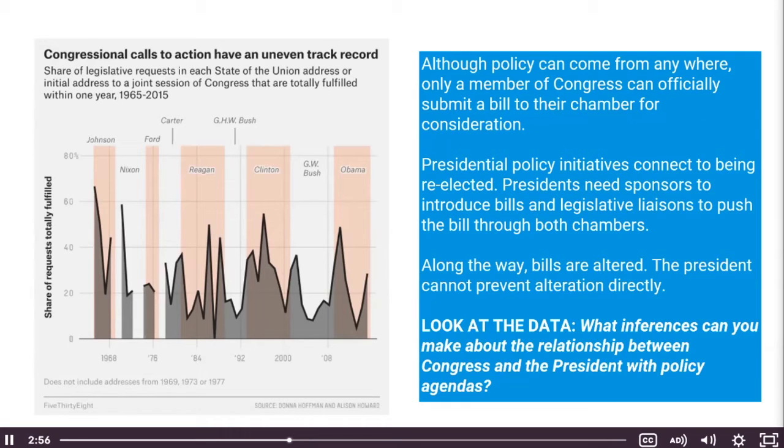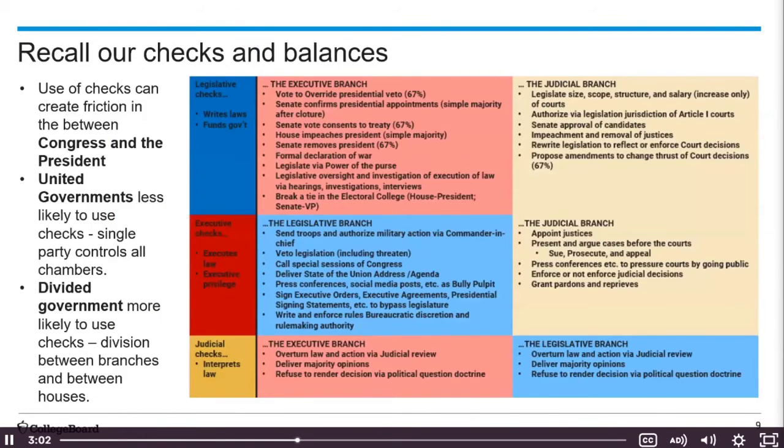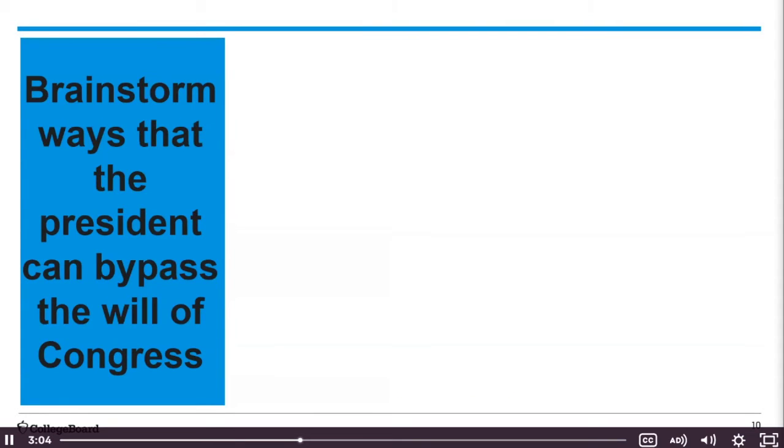All right, so we've got this graphic here again with the legislative checks on the executive branch. And just think for a minute about ways that the president can bypass the will of Congress and do something that just kind of takes them out of the picture.